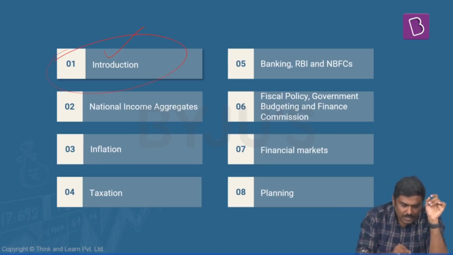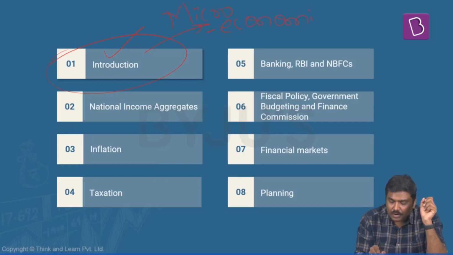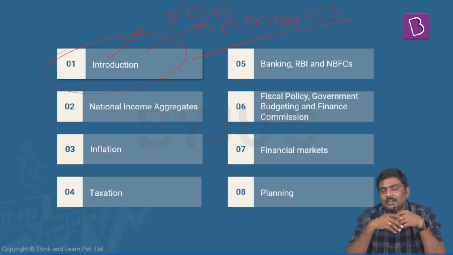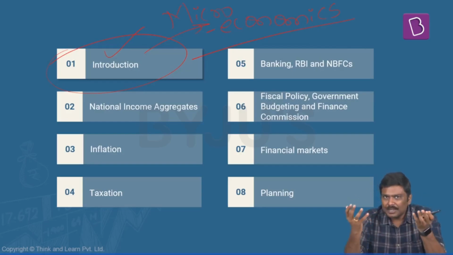With respect to introduction, understand this, we'll discuss certain very important concepts under microeconomics. And from the UPSC exam perspective, it is macroeconomics which is very, very important. That is the precise reason.